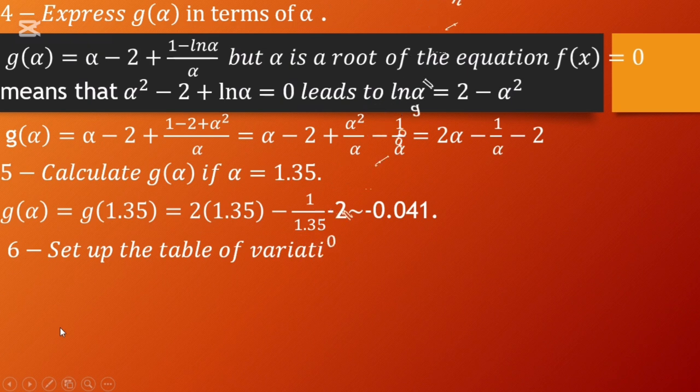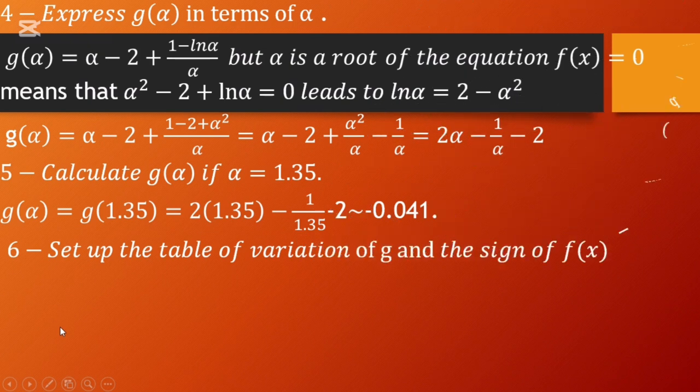Set up the table of variation of g and the sign of g of x minus y of d prime. So we have to set up the table of variation and the table of sign of g of x minus y of d prime.